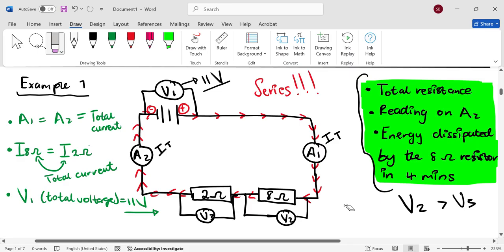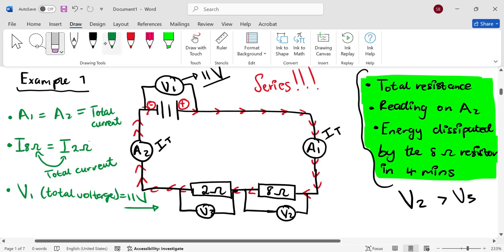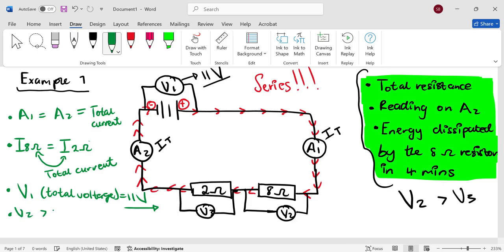So V2 is bigger. Notice how I start writing down my analysis. My last point: V2 is greater than V3. Why is that? Because the 8 ohm resistor is greater than the 2 ohm resistor. And notice how the V2 voltmeter is for the 8 ohm resistor.